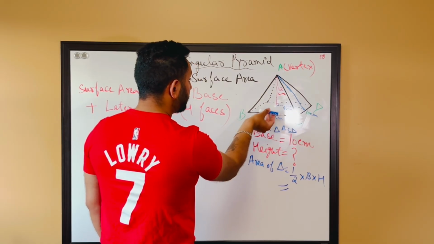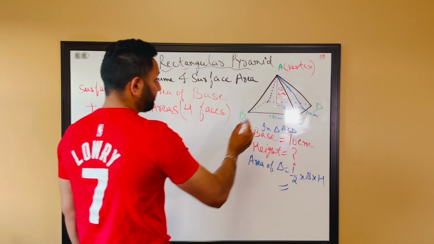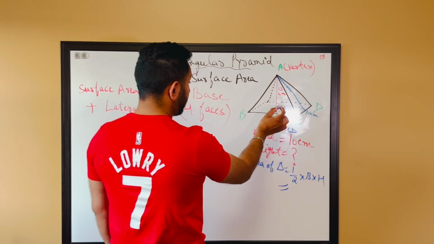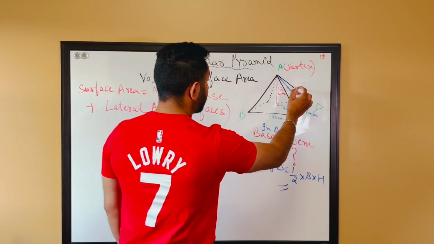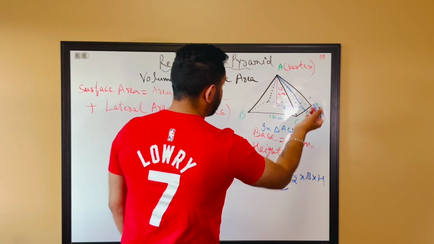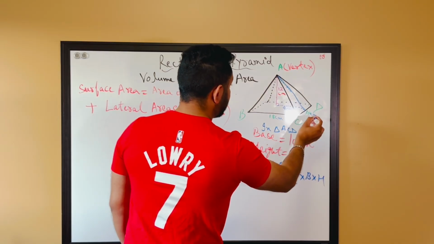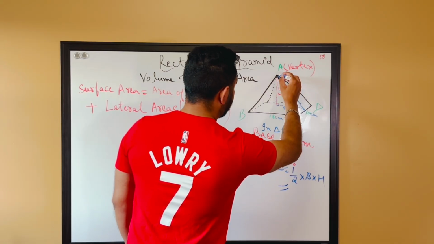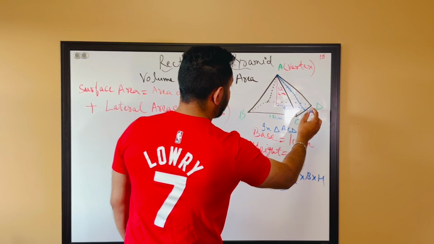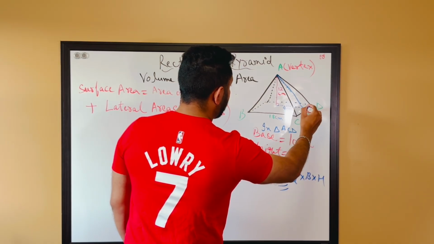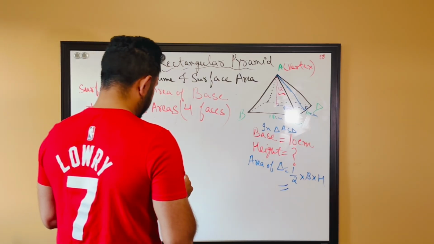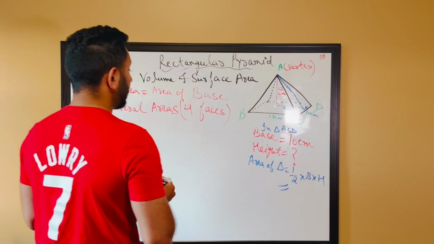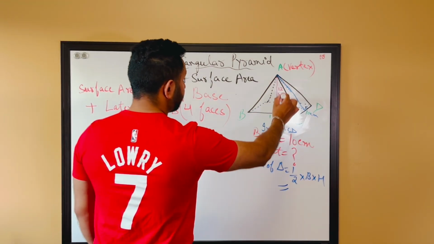The side opposite to the right angle in a right angle triangle is hypotenuse, which is also the slant height, which we need to find out, which starts from A, and we can name it as F. So let's apply Pythagoras theorem here.